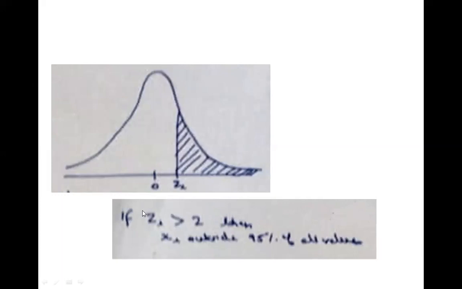So if Z score is more than 2, it means it is more than two standard deviations from mean. It means that the value is outside 95% of all values. So this is how you can locate the particular value in terms of the rest of the data.